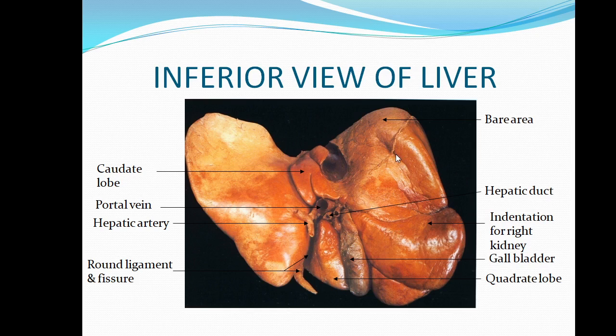Here you can see the peritoneum from the anterior surface of the kidney reflects on to the liver, and this is the suprarenal area.